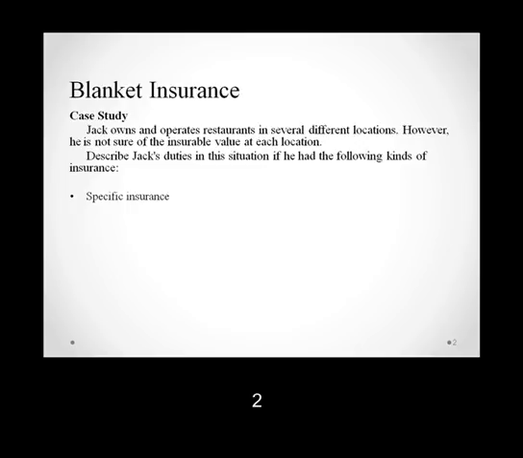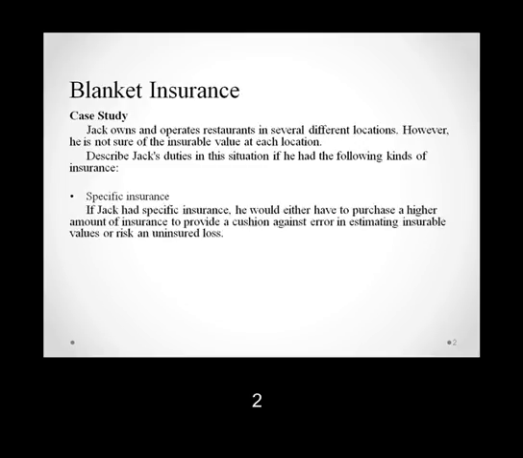Well, since Jack is not sure of the insurable value at each location, he would either have to purchase a higher amount of insurance to provide a cushion against error in estimating insurable value, or risk an uninsured loss.